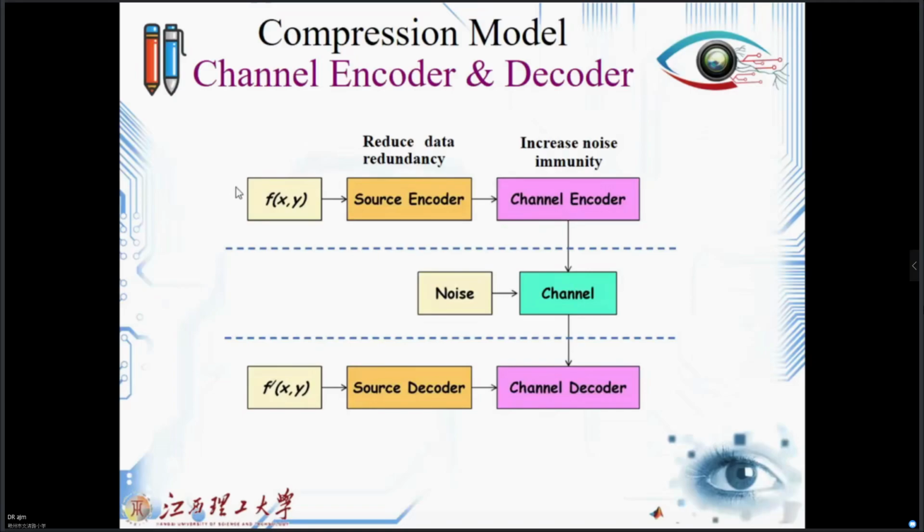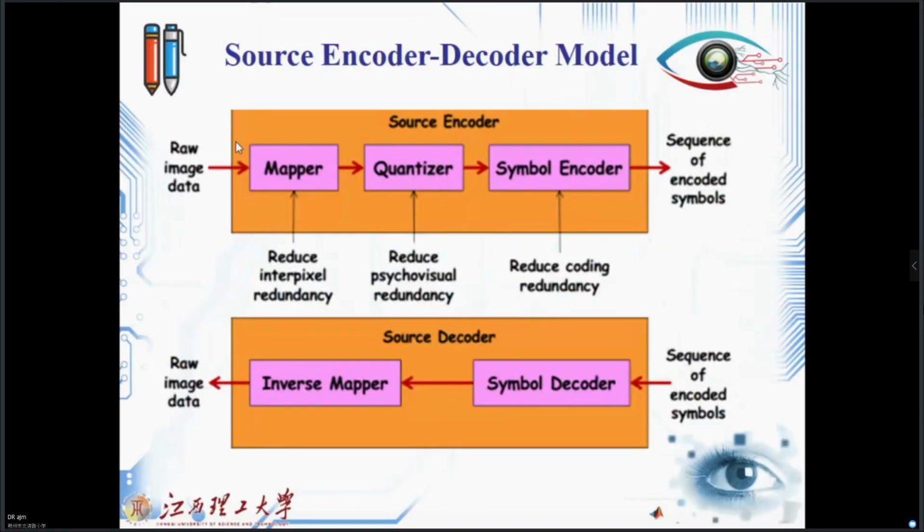This model connects the channel, encoder, and decoder. There is also a source encoder model, in which you have the raw image data, which enters the mapper to reduce interpixel redundancy. Then you have a quantizer, which reduces the psycho-visual redundancy. We talked about psycho-visual redundancy.